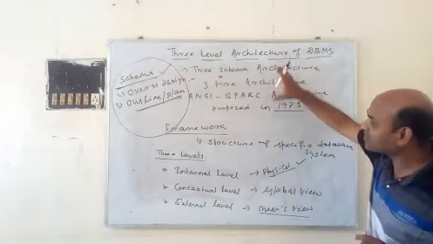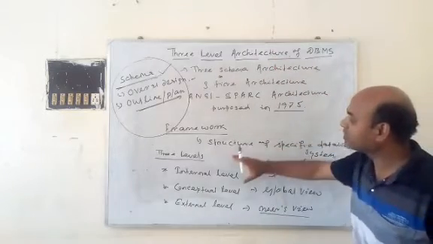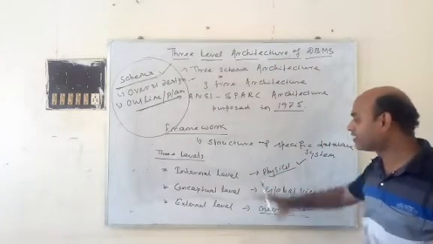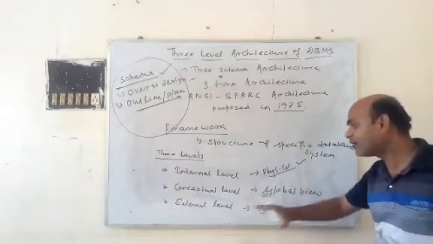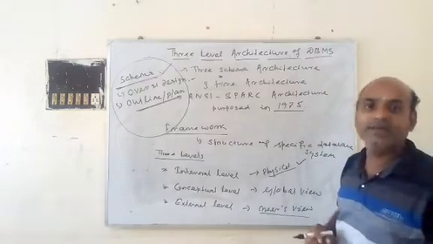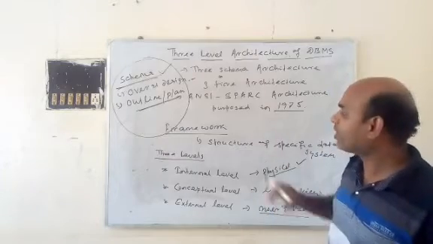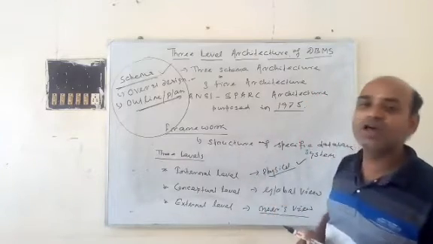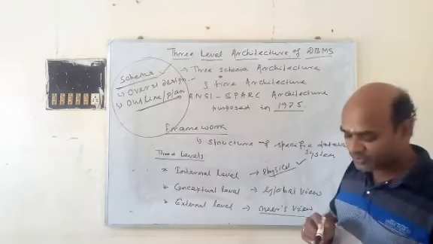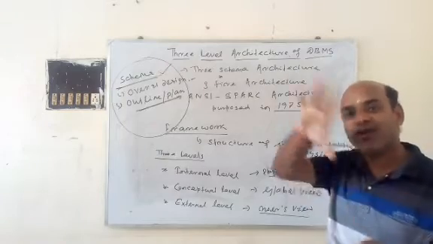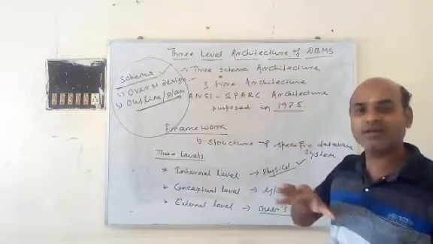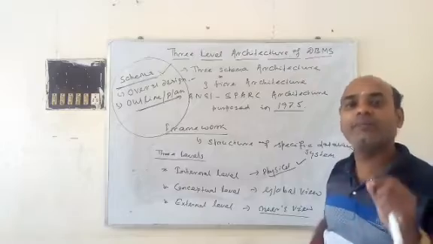There are three types of architecture because there are three levels: internal level, conceptual level, and external level. Each level of the database management system is described by the corresponding schema. So the logical, overall design of the database management system is done by this schema.